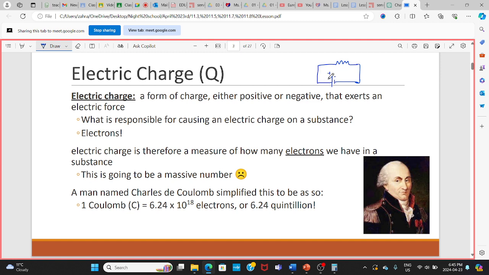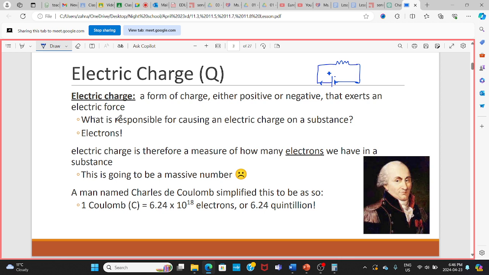Conventionally, we go positive to negative because we want to say that the positive charges are moving. Why do we do that? Because it's easier to work with positive numbers. This is conventional. But here, charge is a form, either positive or negative, that exerts an electric force.